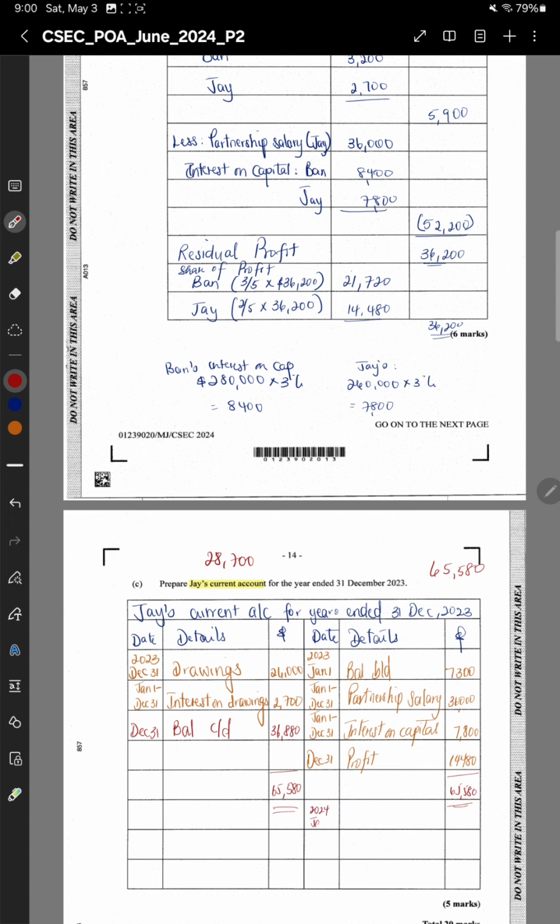Then 2024 January the 1st, balance brought down, and that's going to be the balance carried down, which is 36,880. And just like that, you have earned yourself 20 marks. I hope this is clear.